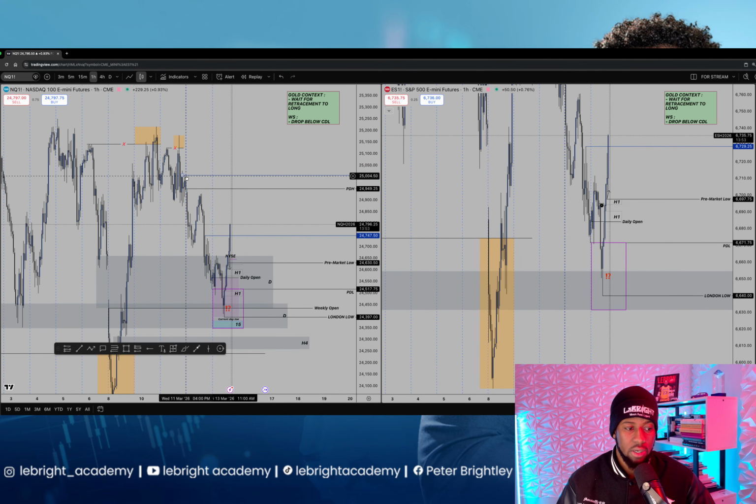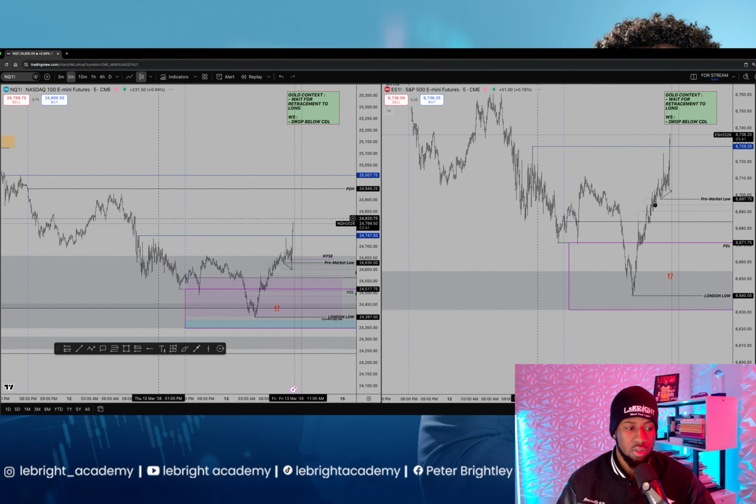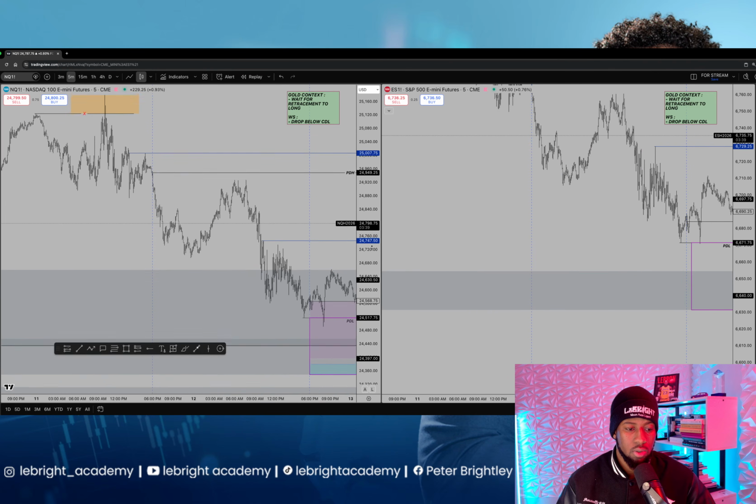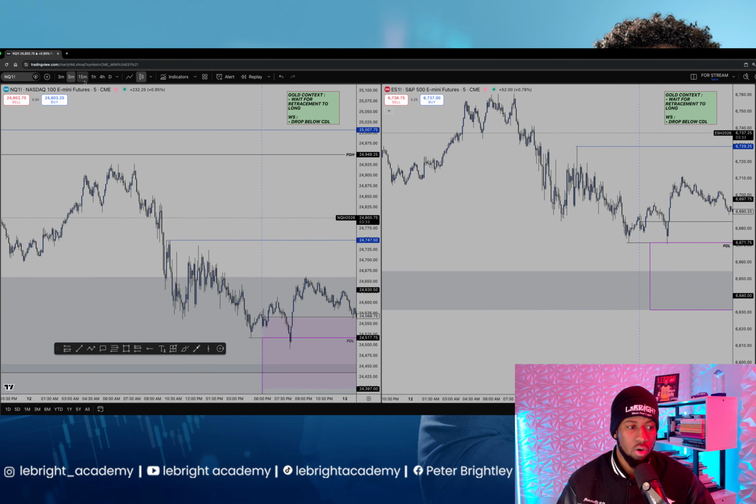We have a next target that's 25,007.75. Actually, it's a target. Remember, we had a target somewhere here. I don't remember exactly where. I'm probably wrong on that.